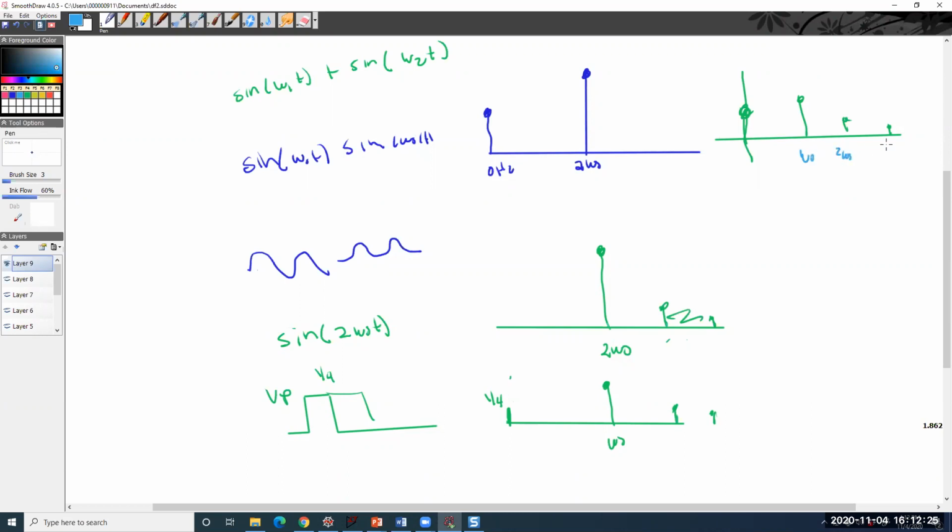I'm just making this up: 2 omega naught, 3 omega naught, right? What kind of filter would I draw to get the DC? Oh, I would just do something like this, right? Low pass gets DC. I want a sine wave that is omega naught. Oh, okay. Band pass, right? That captures that.